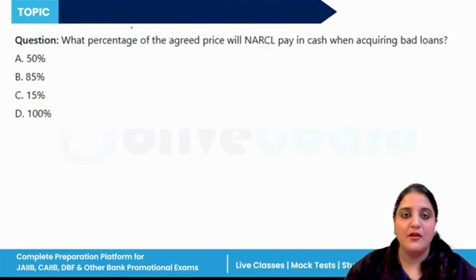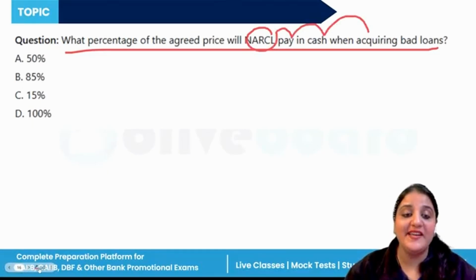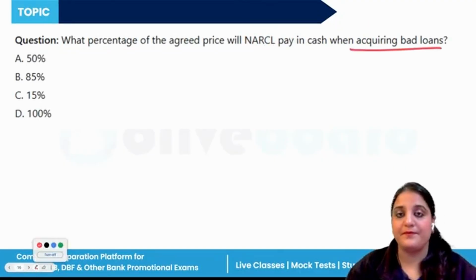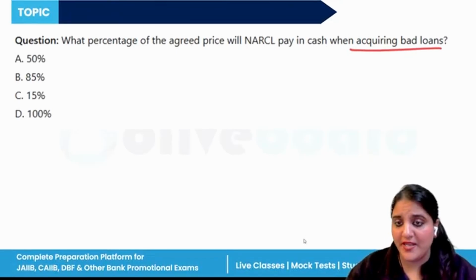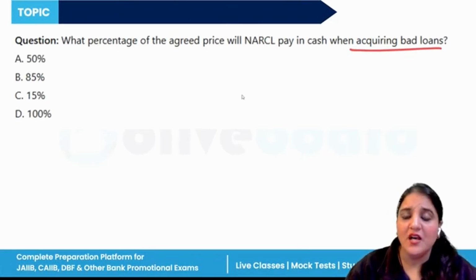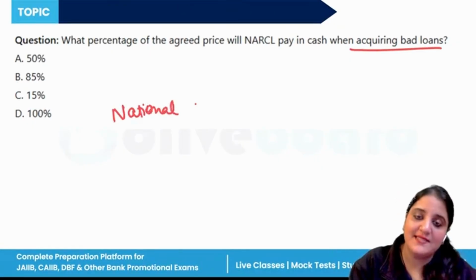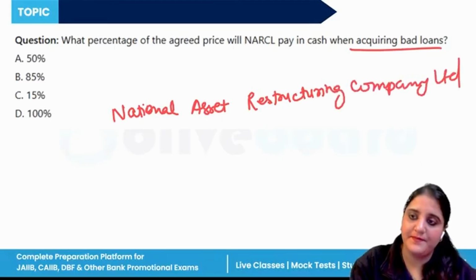Now, what percentage of the agreed price will NARCL pay in cash when acquiring bad loans? We have to keep in mind the meaning of NARCL. NARCL is simple: National Asset Reconstruction Company Limited.